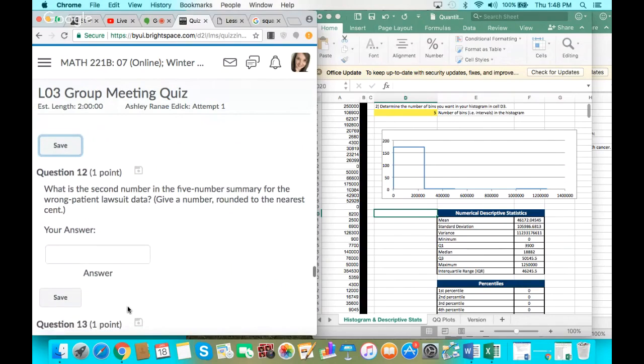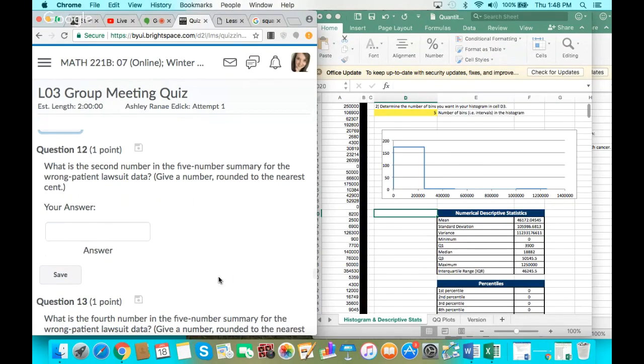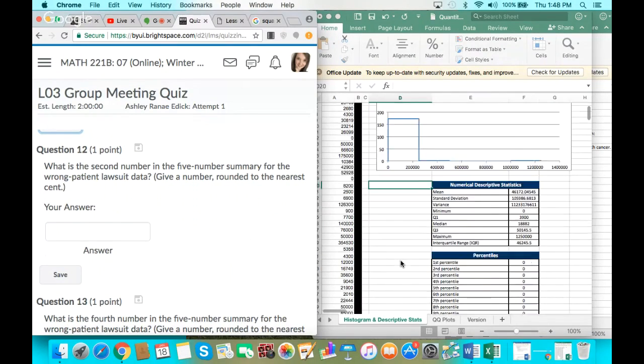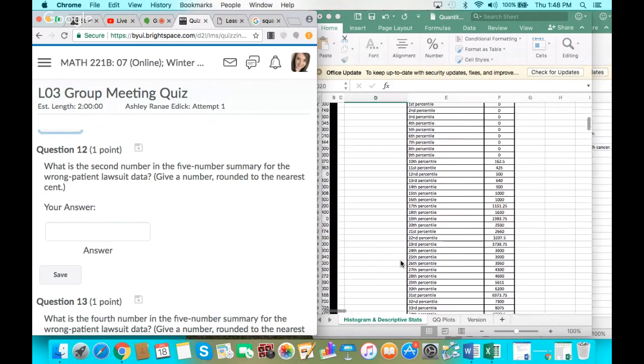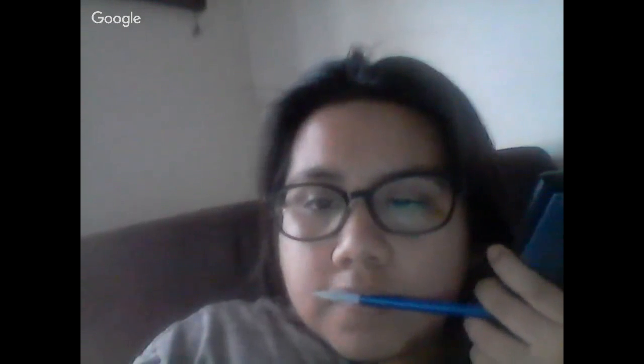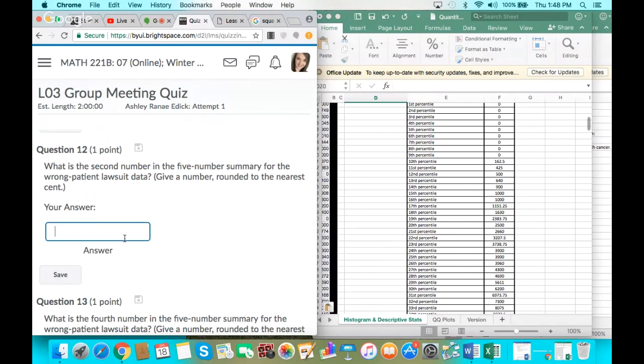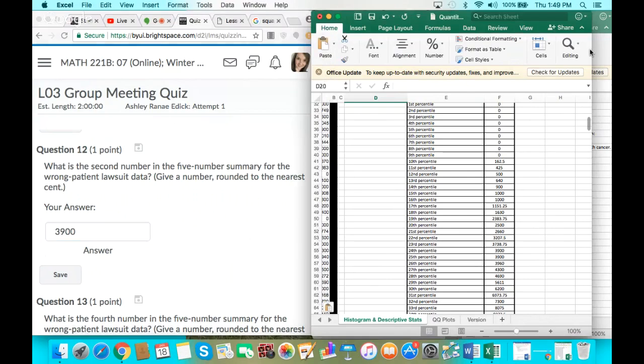What is the second number? It would be the first quartile, right? 25th percentile. So 3,900. Is that what it says up there? 3,900, yeah, because it's the first quartile.